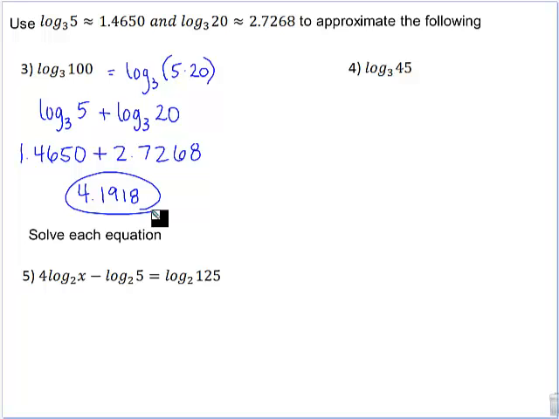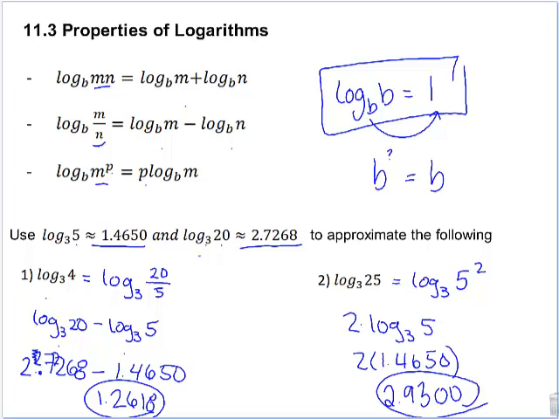All right, we'll do one more of this type. Log base 3 of 45. So we have to make 45 out of 5, 20, or 3. You can use 5, 20, or you can use 3, because your base number is 3. Our property said if the base number matches the number inside, it's equal to 1.